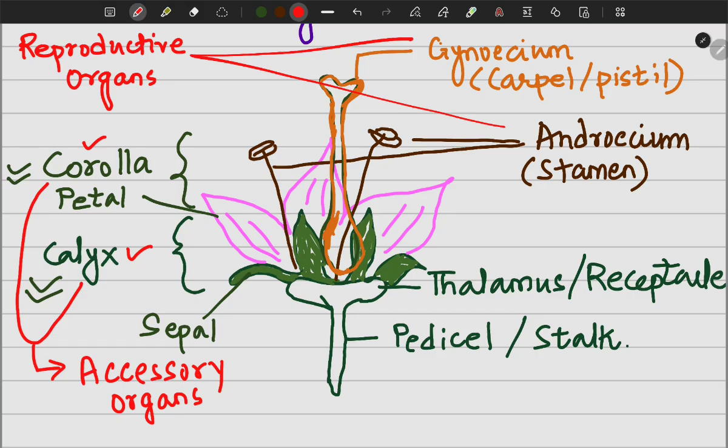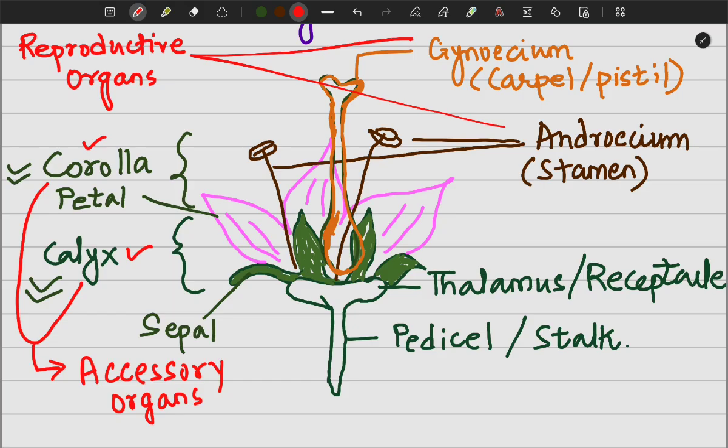Then we have stamens or androecium, which are the male reproductive parts of a flower, which produce pollen grains. And we have gynoecium, also called carpel or pistil, which is the female reproductive part of the flower. It produces egg cells or ovules. The androecium and gynoecium together form the reproductive organs of the flower. So these are the 4 main whorls of the flower.